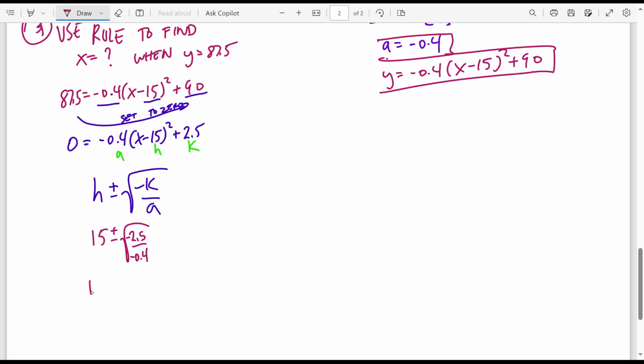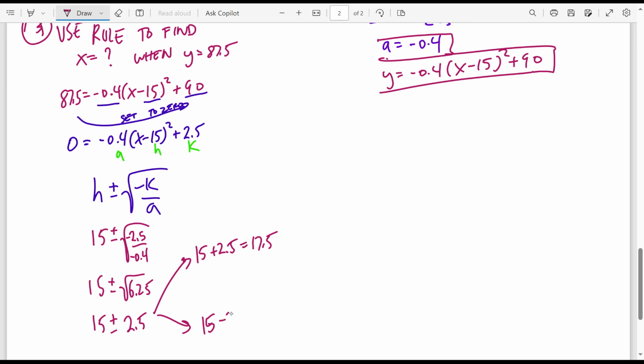So now I'm going to get 15 plus or minus the square root of 6.25. From here, take the square root, 2.5, and now I can branch off. So I'll have 15 plus 2.5 is equal to 17.5, and I'll have 15 minus 2.5 is equal to 12.5.